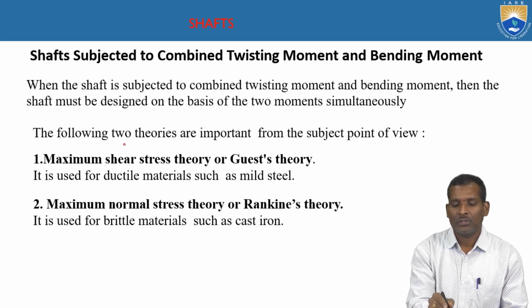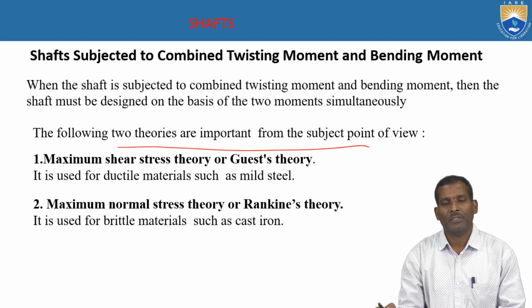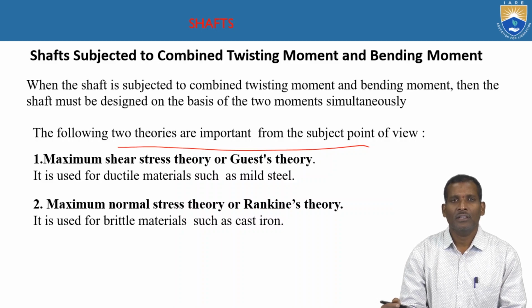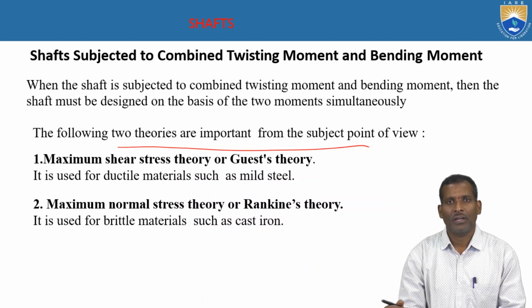Here two theories are important from the subject point of view: one is the maximum shear stress theory and the other is the maximum normal stress theory. By using these two theories, the two moments have to be calculated in parallel. Finally we will take the larger of the calculated values, and we can fix it as the final bending moment.